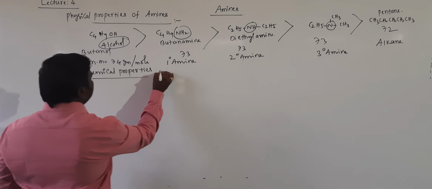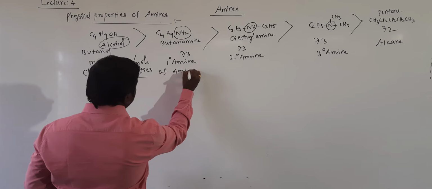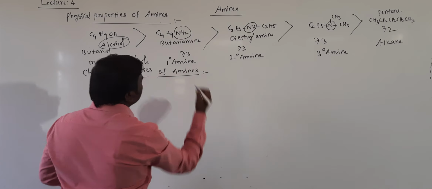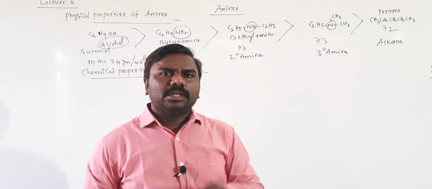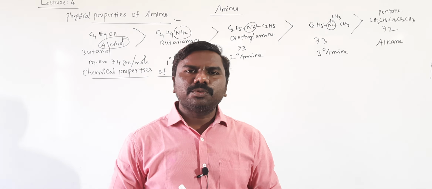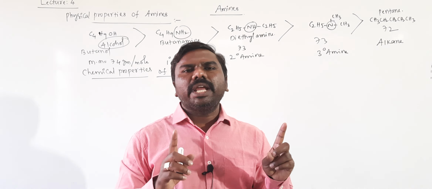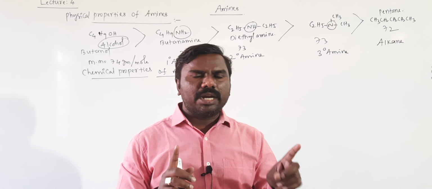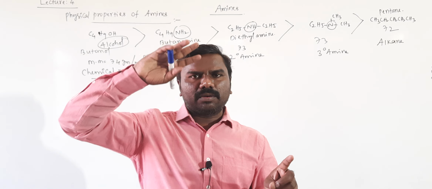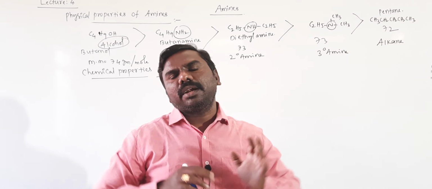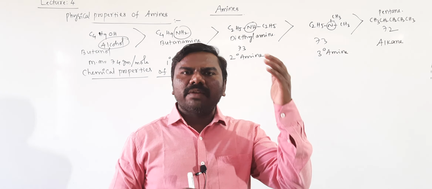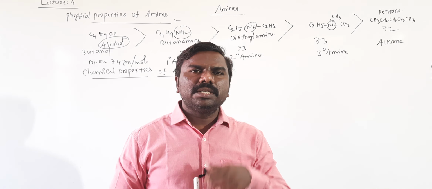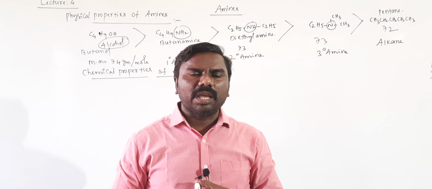Amines are more reactive because the NH2 group is there. The electronegativity difference between nitrogen and hydrogen is very high. Nitrogen is highly electronegative, hydrogen is less electronegative. The difference is very high. That is one reason. Nitrogen has a lone pair of electrons, easy to share, easy to participate in a chemical reaction.